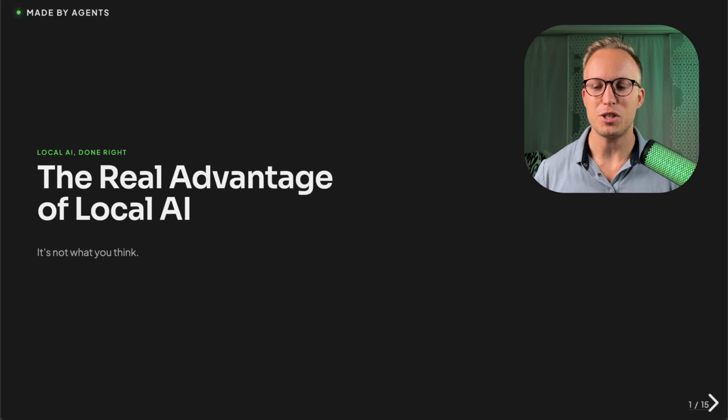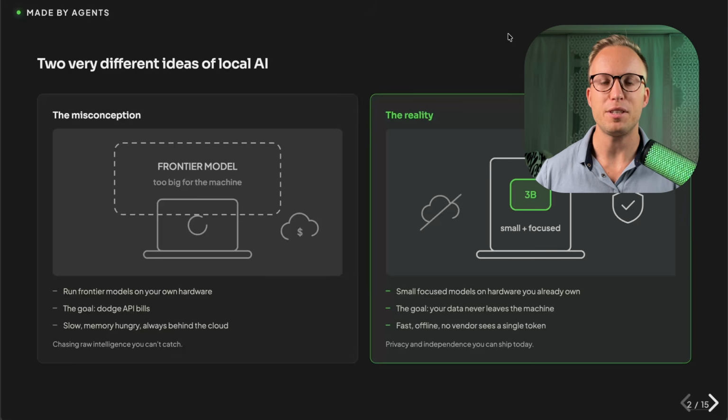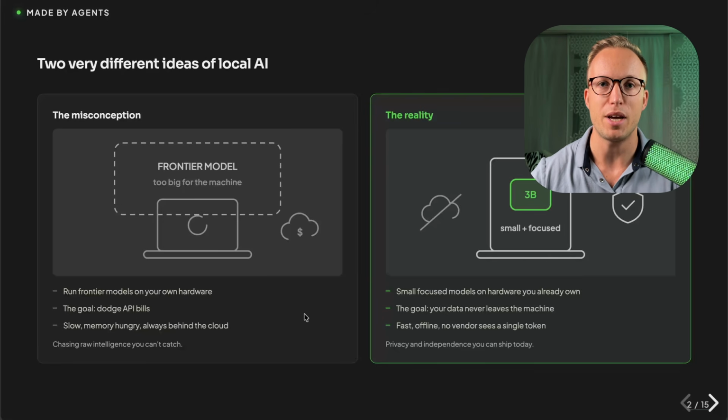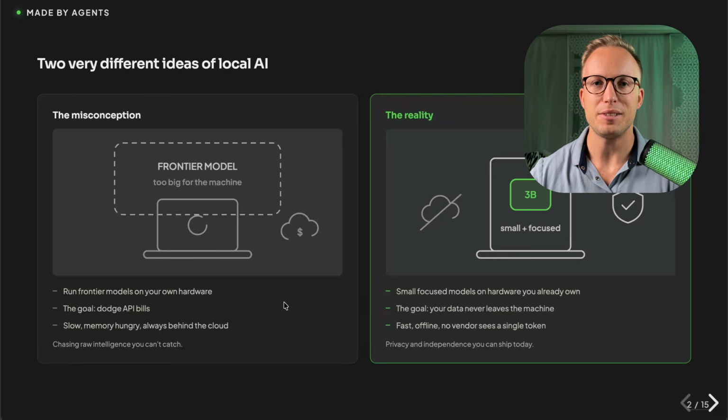The real advantage of local AI is not what you think. There are two very different ideas of local AI, and there's one group that, in my opinion, is the misconception. This is about running the newest, biggest, most intelligent frontier AI models on your own hardware, or at least trying to do so, with the goal to save on API costs or monthly subscriptions, maybe also for privacy reasons.